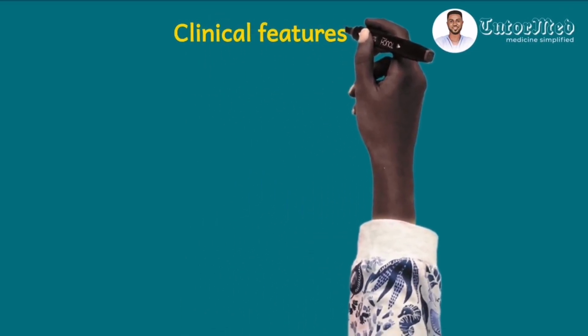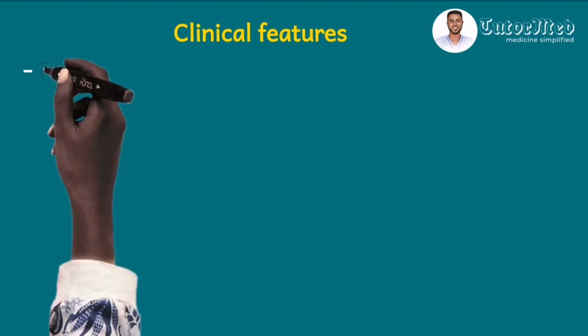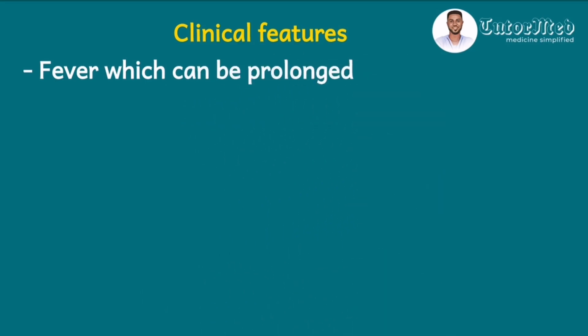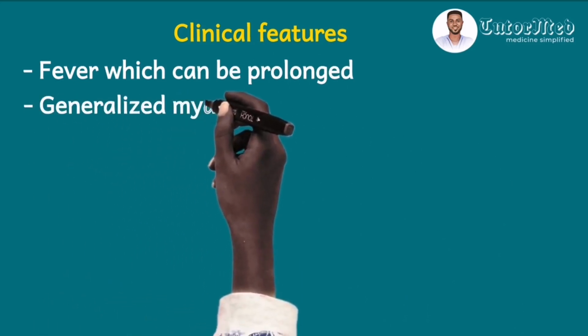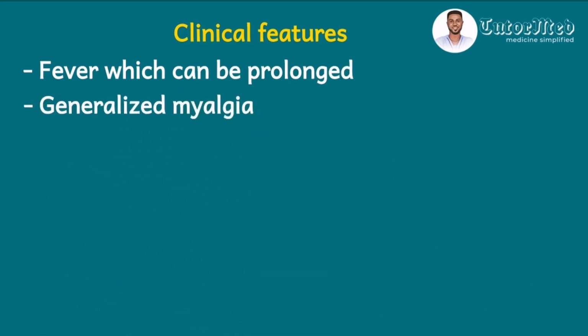Very good. And so quickly, let's see some of the clinical features or some of the signs and symptoms of enteric fever before we move to the next question in the clinical question which was asked. Some of the clinical features include fever, which can be prolonged for as long as 3 weeks. Then we can have generalized myalgia or generalized muscle ache.